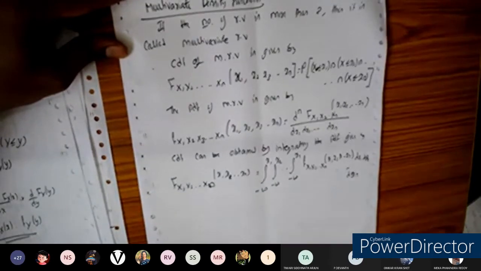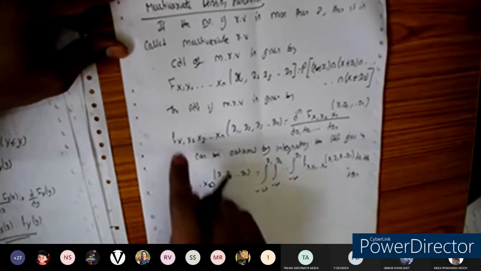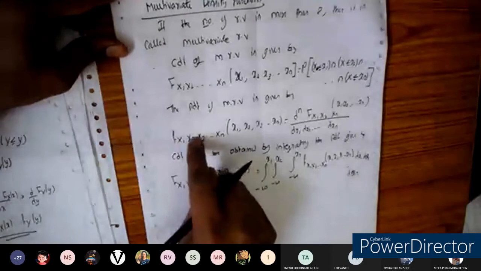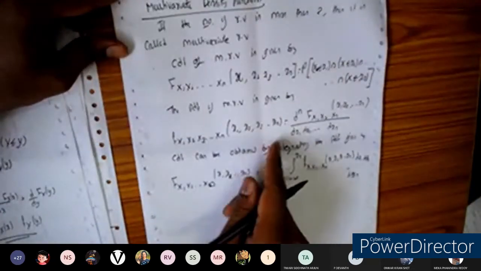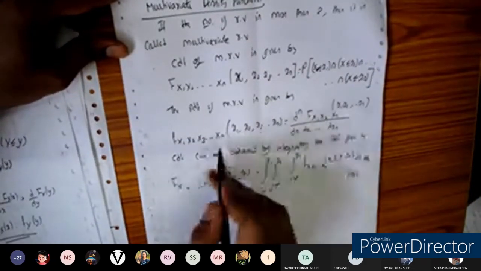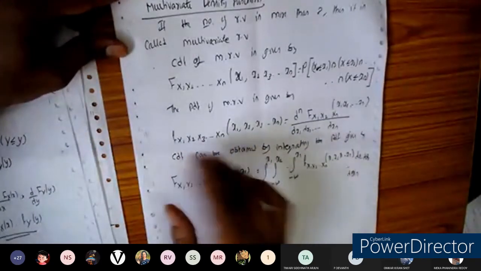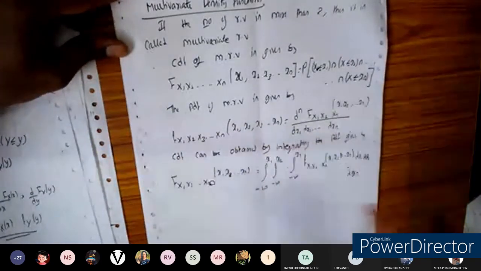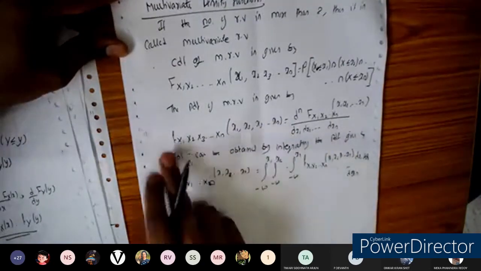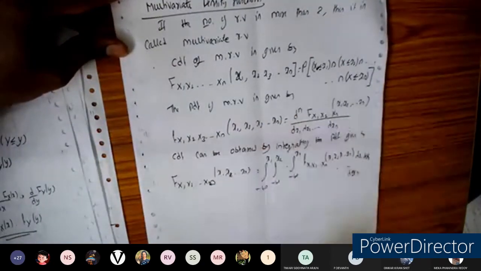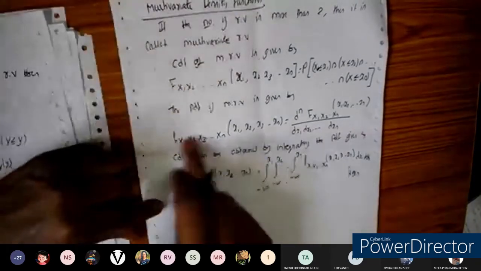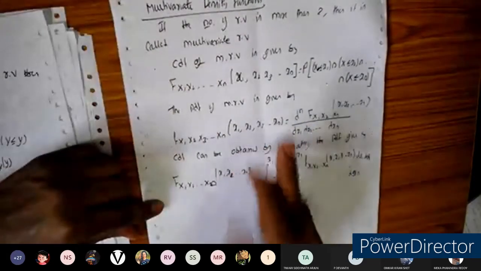Similarly, we have seen one of the properties of the PDF: the area under the PDF is equal to 1. For a single random variable we take the area, for the bivariate case we take the volume, and when there are multiple random variables we consider the volume as well. So the volume under this PDF should be equal to 1.